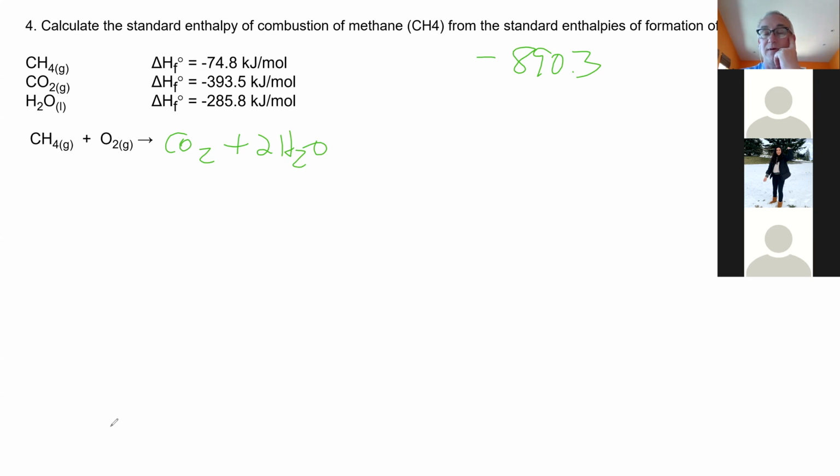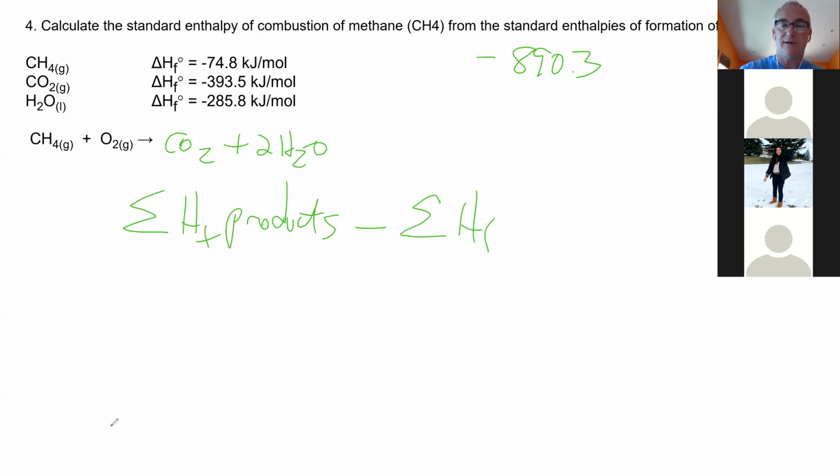That's right. So we take the heat of formation of all the products and we sum them together, right? You remember this: we sum the heats of formation of the products, and we subtract from that the sum of the heats of formation of the reactants.